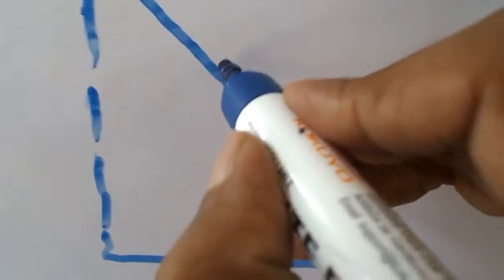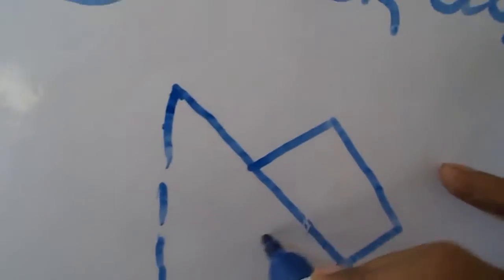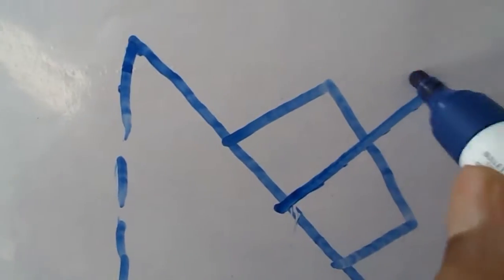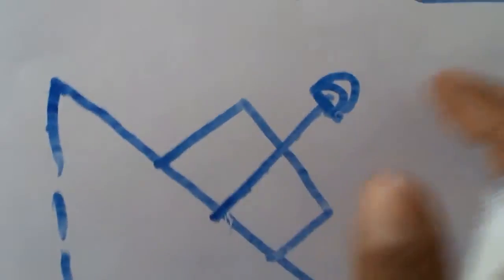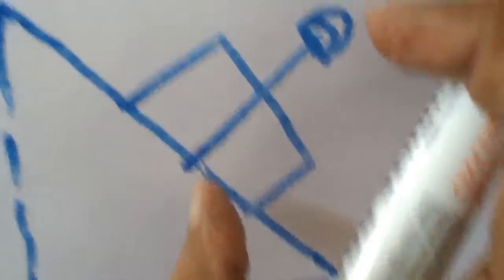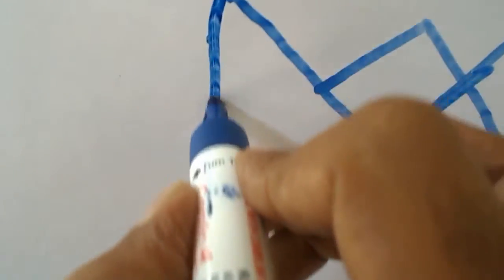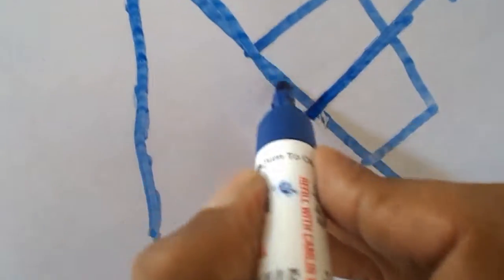This is the dotted line, and this is a wedge. On the wedge there is a particle. Guys, this particle cannot move in air. This particle is not leaving this wedge.